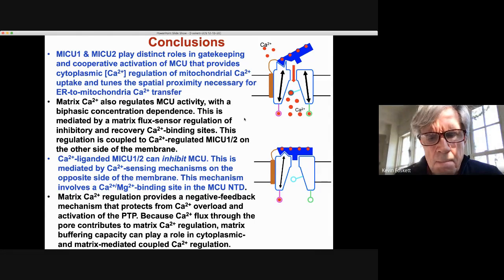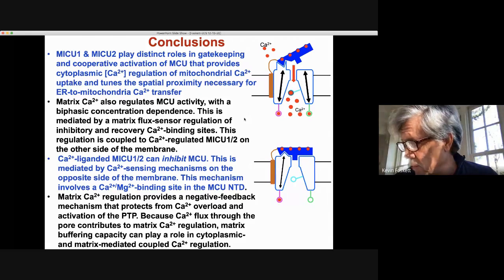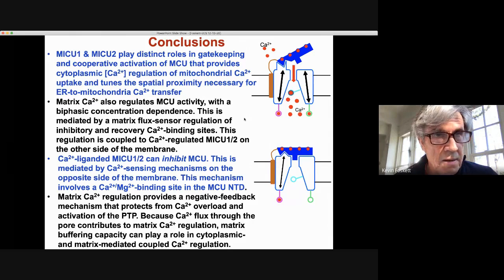So one idea we have right now is to look in other tissues, and mitochondria from other cell types. There is a notion, from Liron Boyman and John Lederer, that even in cardiac myocytes the MICU1, MICU2 gatekeeping mechanism doesn't exist.